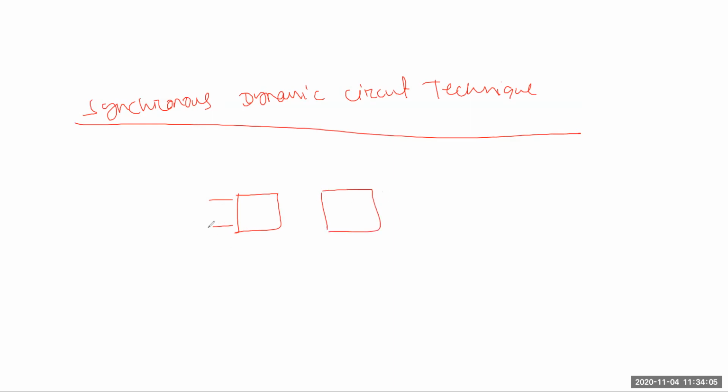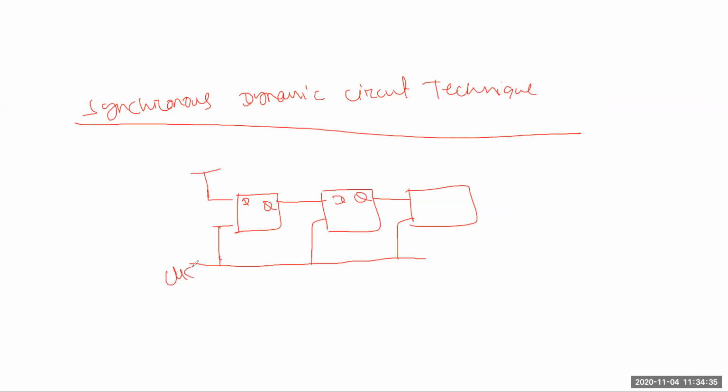So this is D, Q, and this is your clock. Suppose this is VDD. Okay, this is your clock.